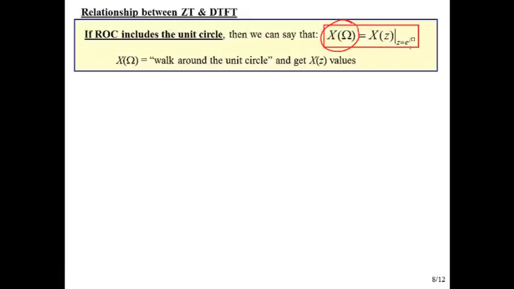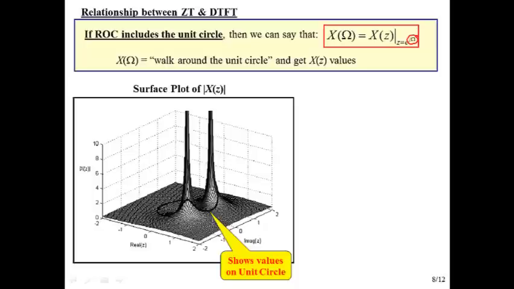So basically it's saying we need to go to the unit circle and walk around the unit circle and look up at the Z transform, and the values that we see there as we walk around the unit circle are the DTFT. So when we walk around the unit circle, we're at some angle omega. Z is in polar form. Our discrete time frequency variable is playing the role of an angle on the Z plane. So that's kind of interesting.